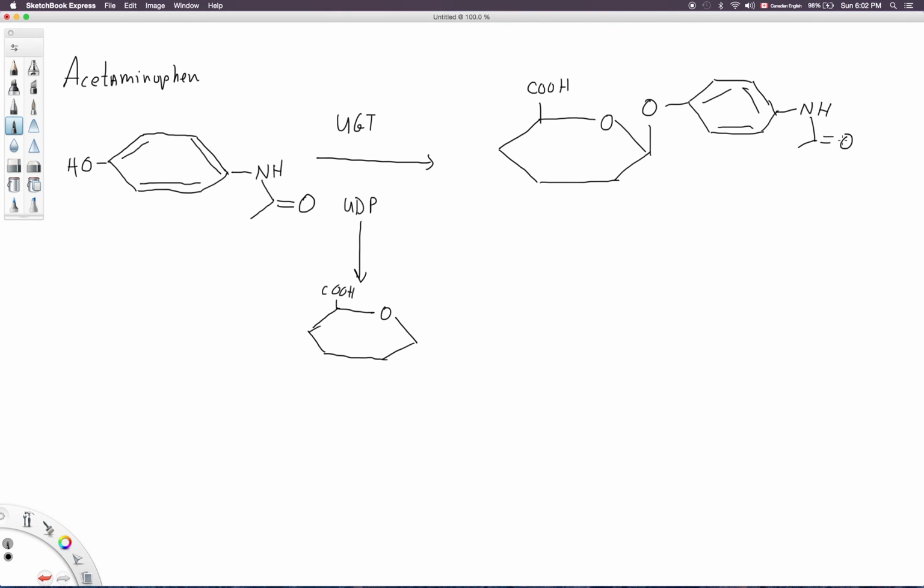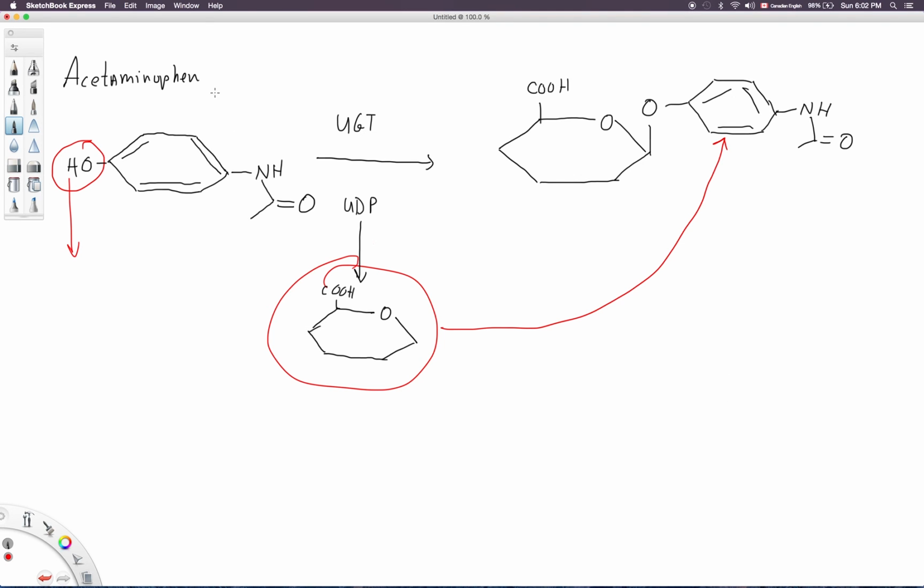Okay, so what happened here is this hydroxyl group bumped the hydrogen off. I had this oxygen here, and we attached this conjugate there.